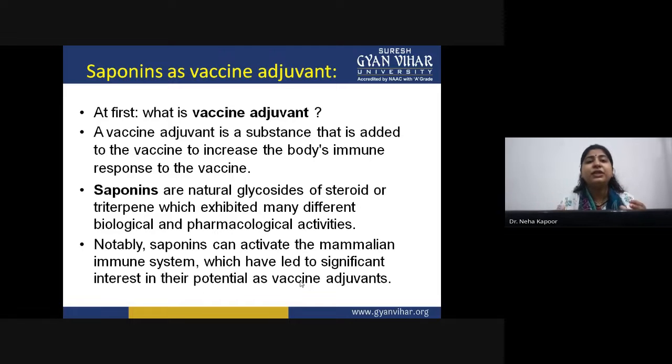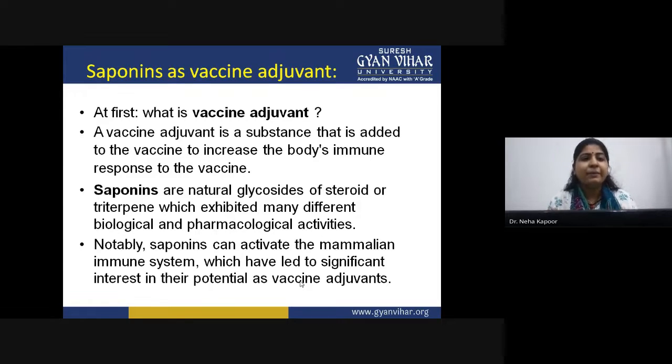They are natural glycosides of steroid or triterpene molecules, and these molecules, saponins, steroids, glycosides, have been reported for many different biological and pharmacological activities in the past. Notably, we can use such kind of molecules, saponins, that can activate the mammalian immune response because they have the inbuilt ability to mount the immune response against various infectious diseases.